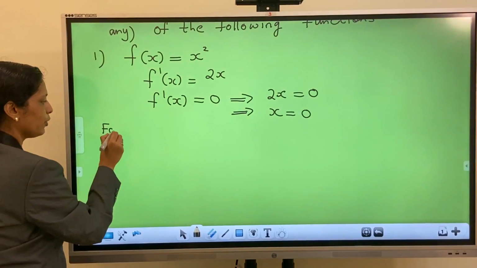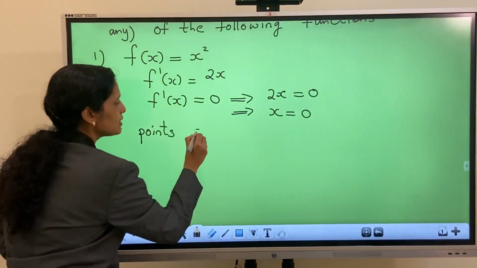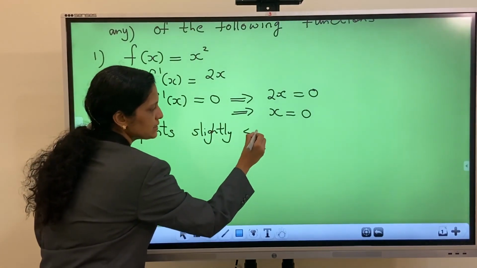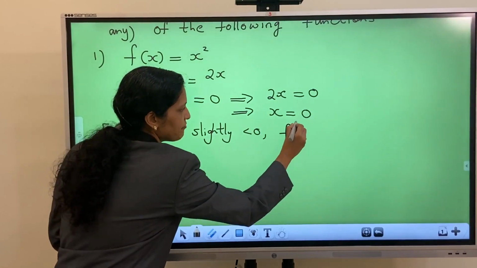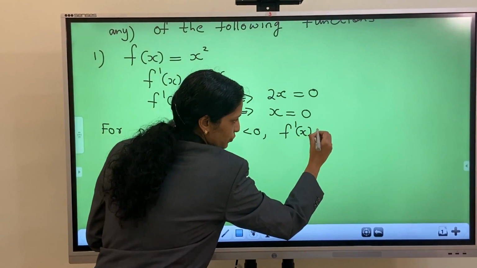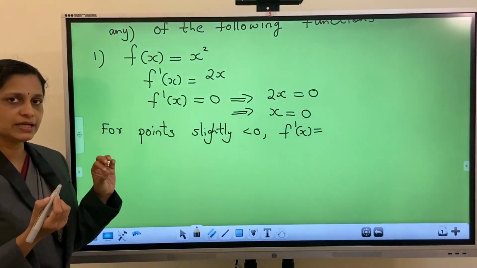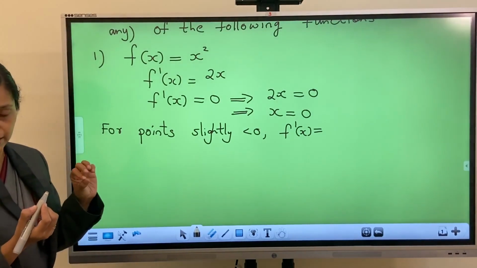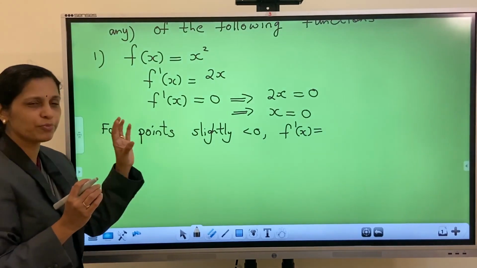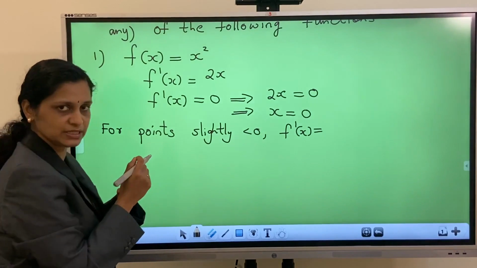For points slightly less than 0, f dash x is equal to, for slightly less than 0, I am taking negative 0.9. You can take any value, but always remember, take points very much close to 0.